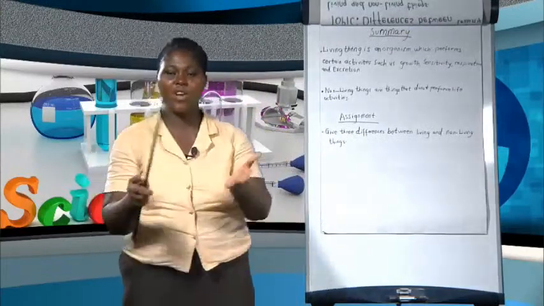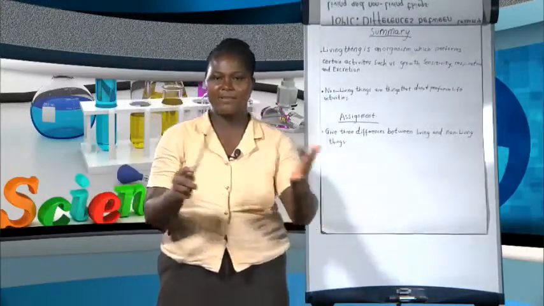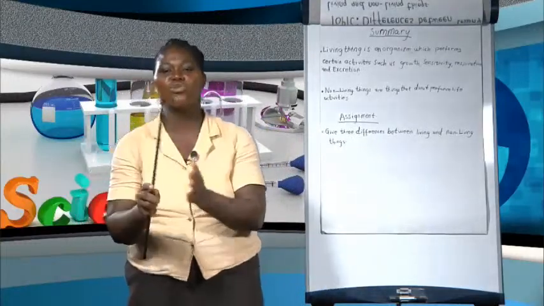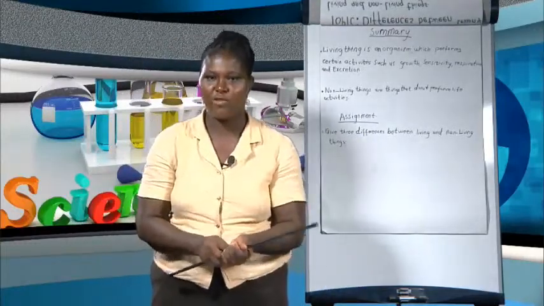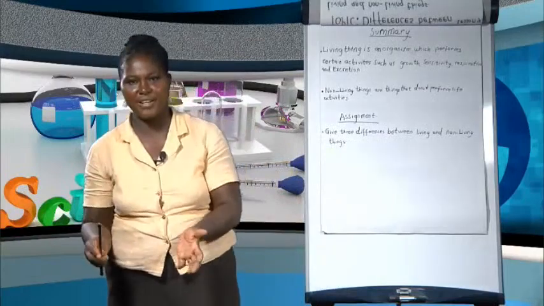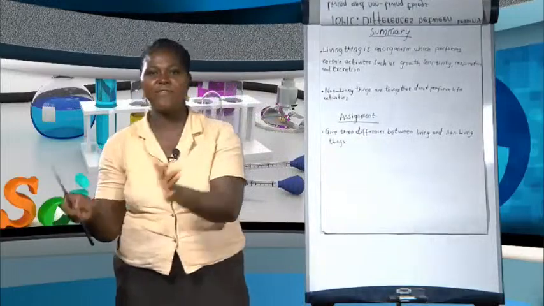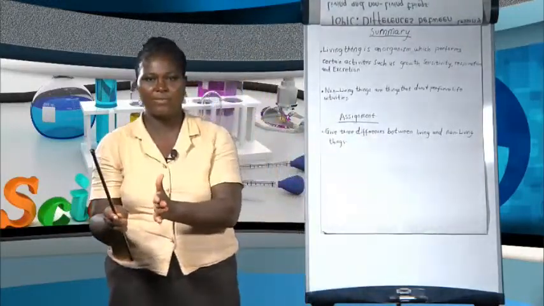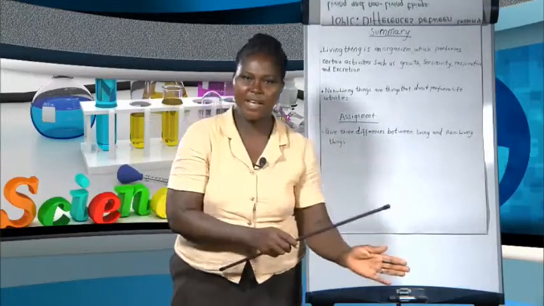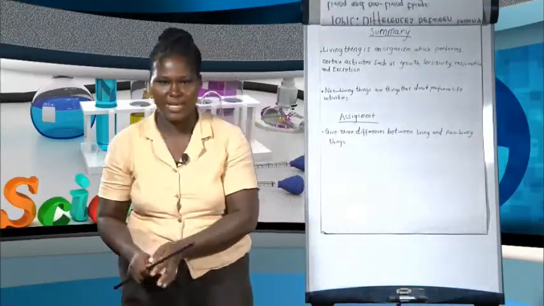When they are not there, we cannot do whatever we want to do with them. So children, living things and non-living things have their own uses. They all have uses. But the differences are what we have done today.